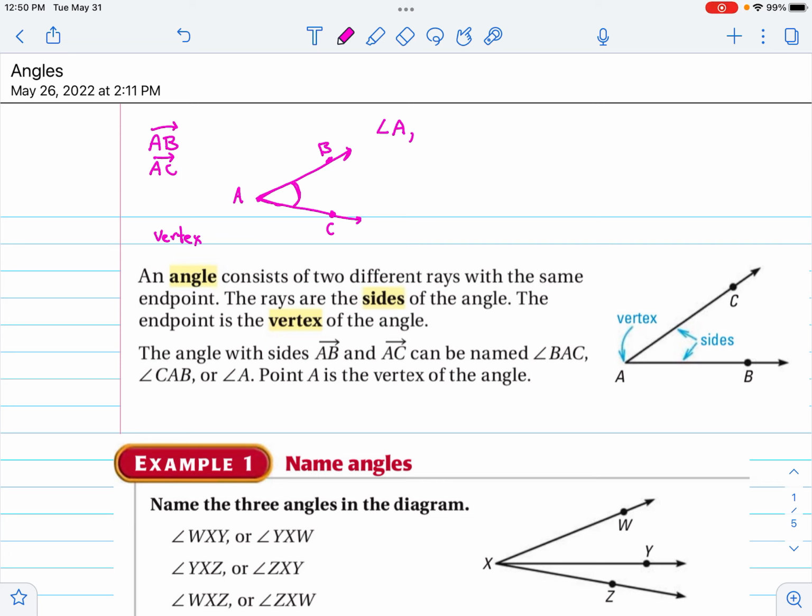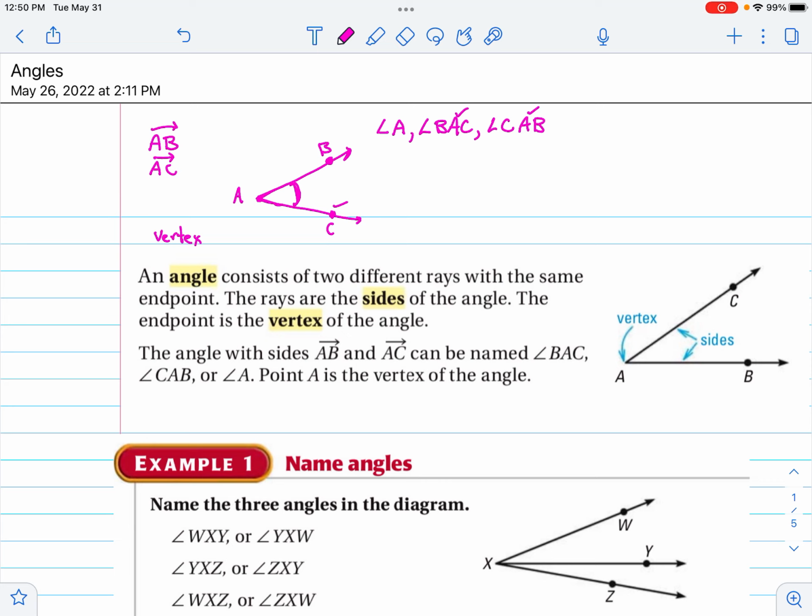We could also start at B, A, and C, and name it angle BAC. Or we could start over here at C and say angle CAB. The thing is, the vertex A needs to be in the middle of those three letters. Okay?